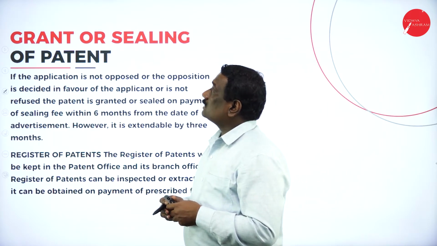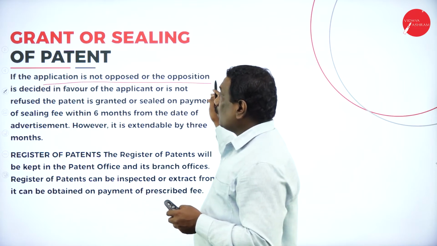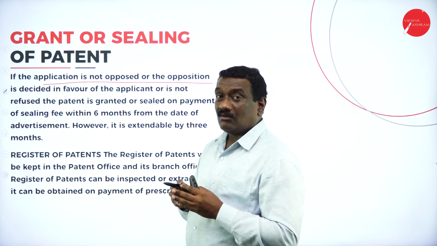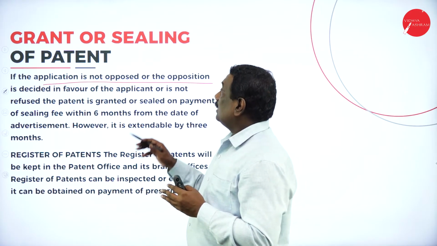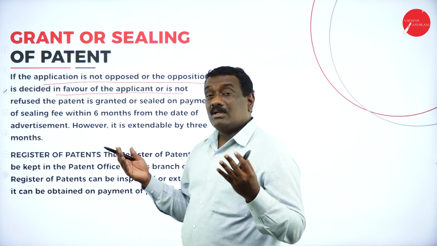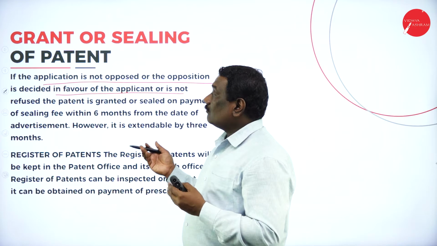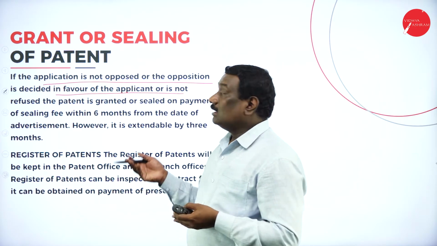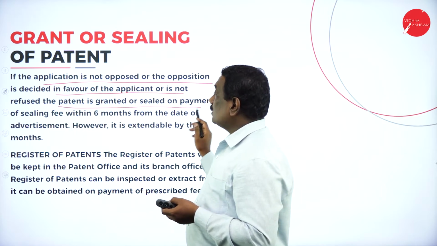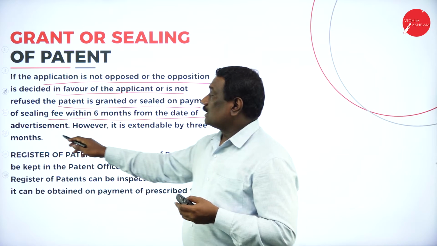Now, granting or sealing of patent. Under this, students, if the application is not opposed, so if no one is opposing the grant of the patent rights, or the opposition is decided in favor of the applicant, in some cases there will be mutual concern and the opposition party will agree, and it is decided in favor of the applicant, and the application is not refused, the patent is granted or sealed on the payment of the sealing fee within 6 months from the date of advertisement.